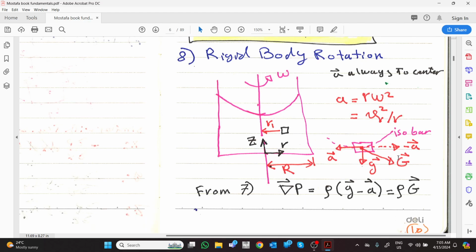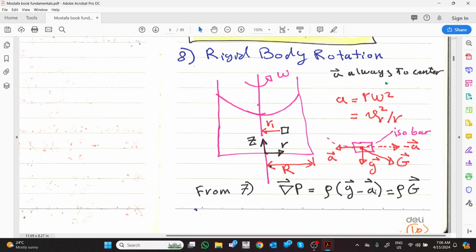Just this one we'll know later. Okay, so we know that we have g, and we have an acceleration a, still in general form. We haven't yet said what the a direction is and what the g direction is. It is vector g, vector a.